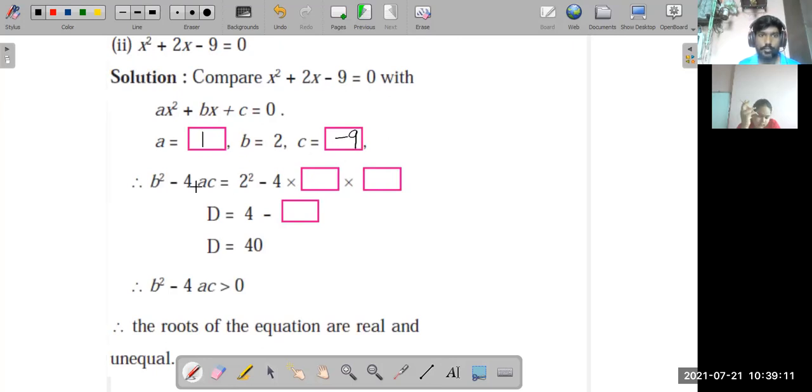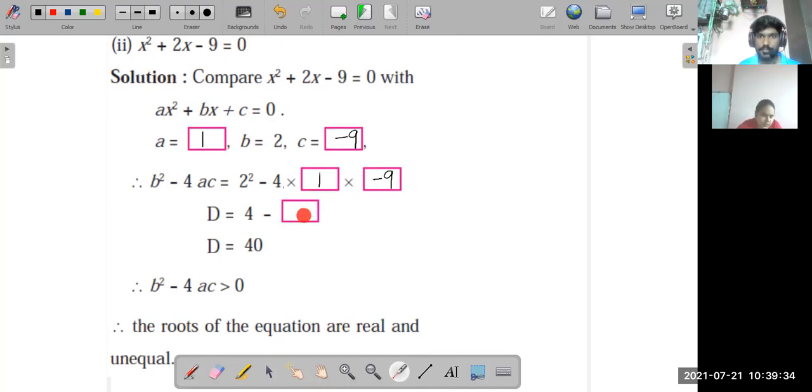This is now 4A into C. So what will come in these two boxes here? 1 and minus 9. When you multiply these all, 4 into 1 into minus 9, what will you get here?